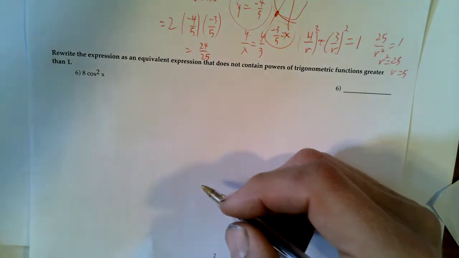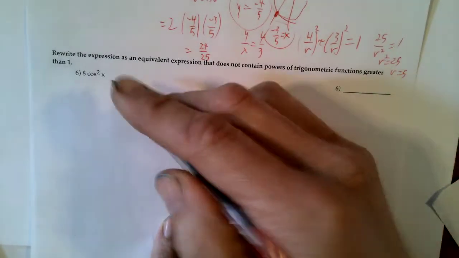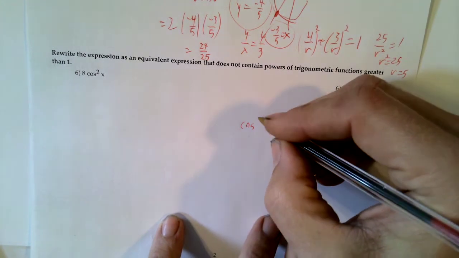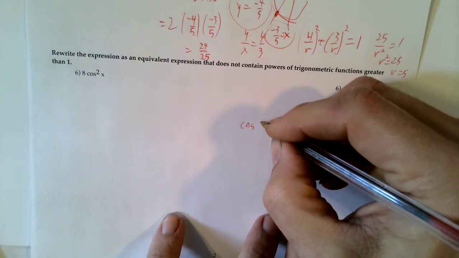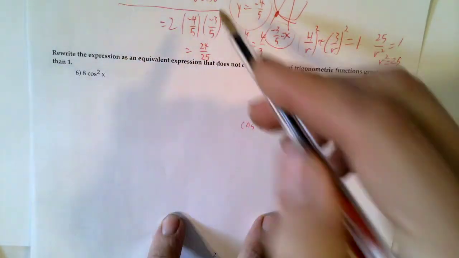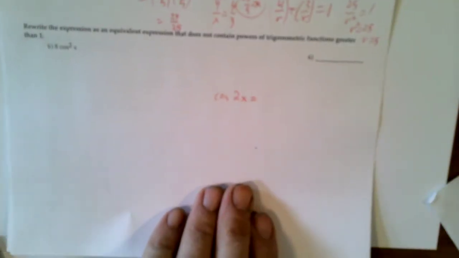And these are related to the identities for cosine squared. I want to talk about where this comes from a little bit. But cosine of 2x, this is your double angle for sine, was nice and simple. Your double angle for cosine really isn't.